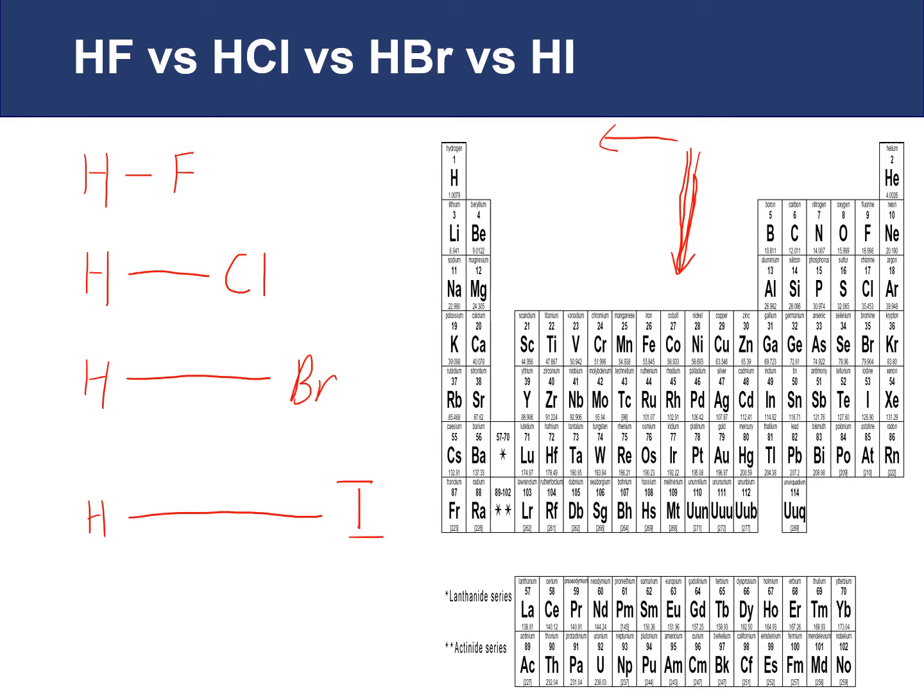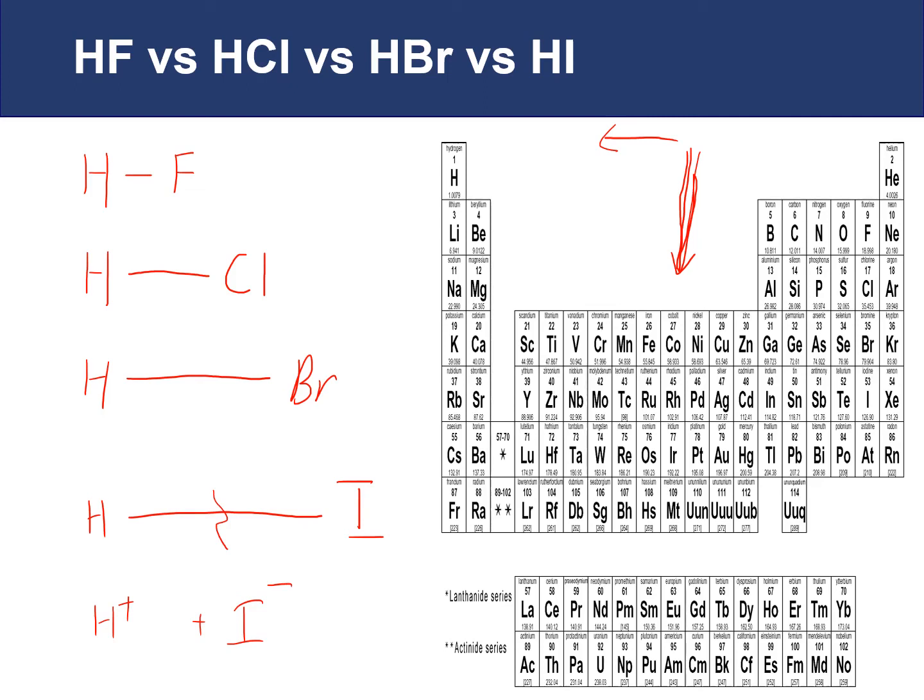Because the hydrogen that's attached to the iodine in hydroiodic acid is so far away from the iodine, it's very easy to break this bond, giving you the H plus and the I minus. Right? The bond is very weak, so it's easy to break.